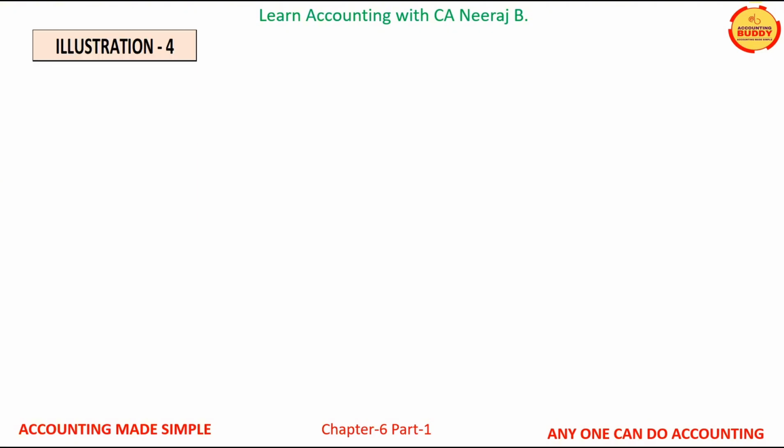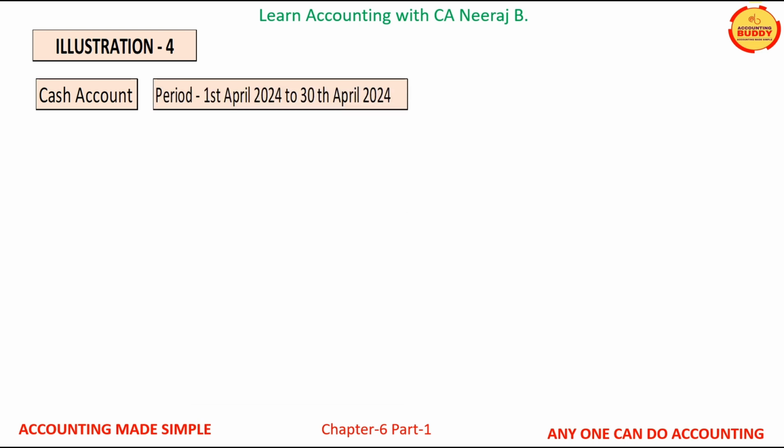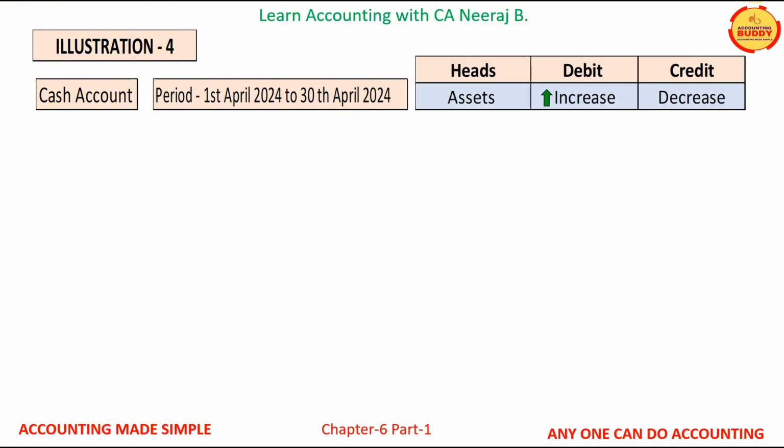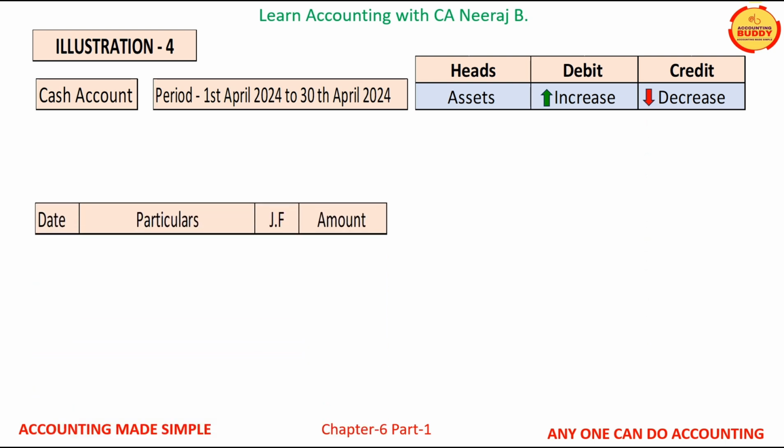Let us understand the term account with an example of cash account for the period 1st April 24 to 30th April 24. As we know, cash is an asset of the business and assets when increased are debited and when they are reduced, they are credited. On left hand side of an account, we have four columns, that is date, particulars, journal folio and amount.